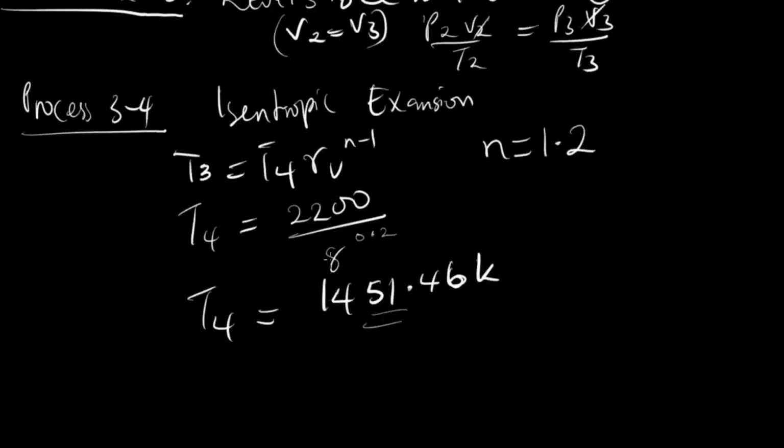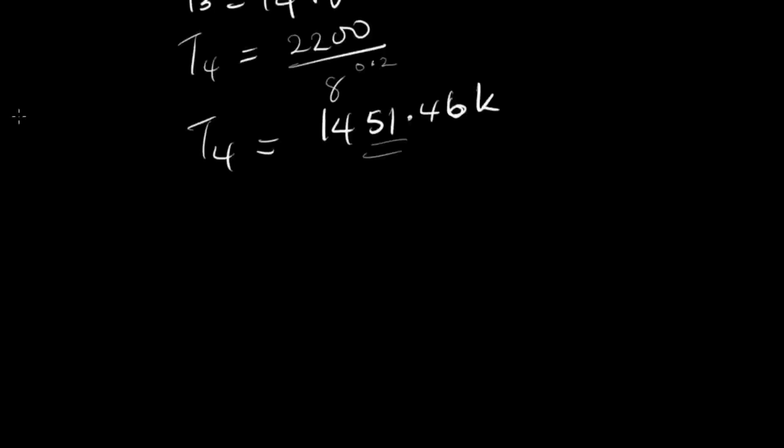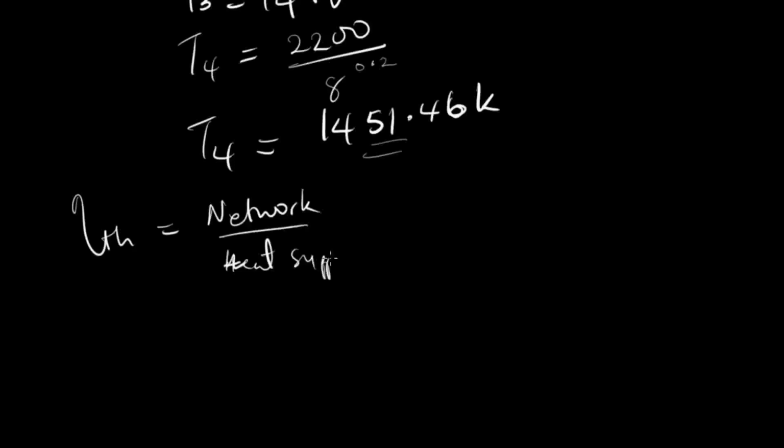Alright, so it goes straight to the question. It said calculate the cycle thermal efficiency. So cycle thermal efficiency is given by net work over heat supplied. So the net work is the net heat, over heat supplied.